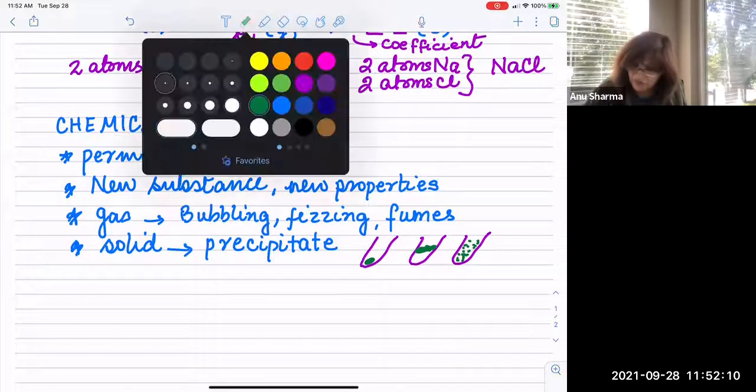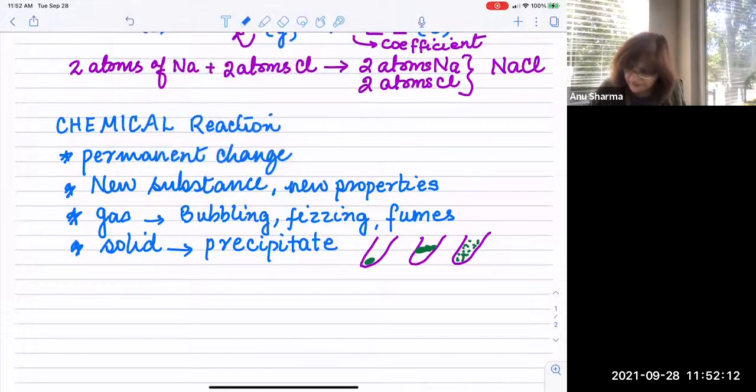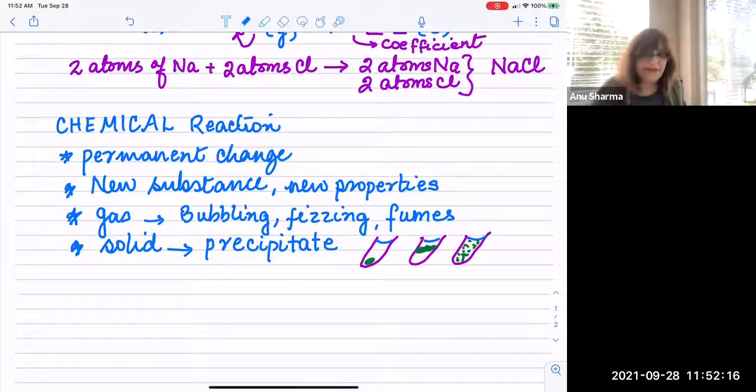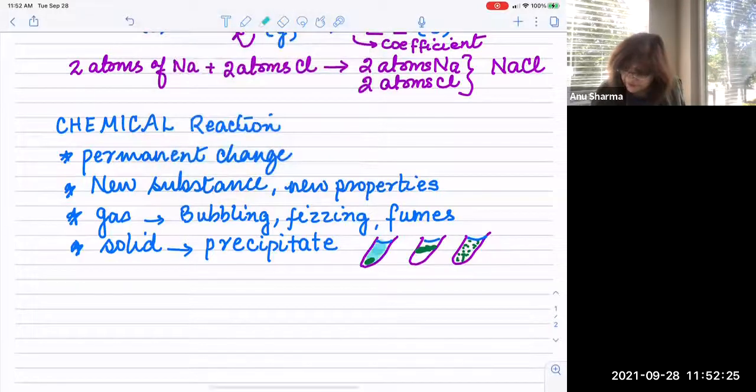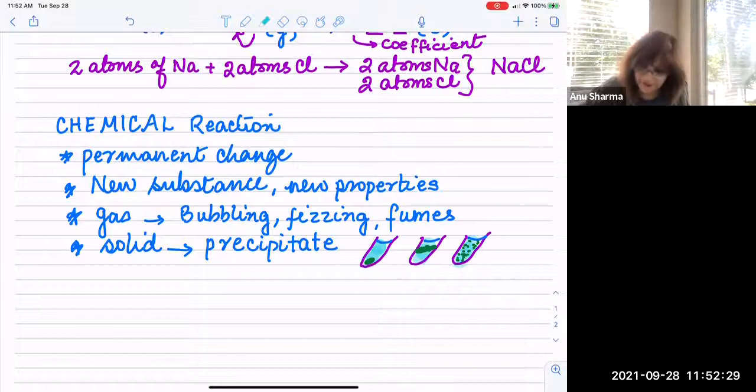So we would see that in the reaction solutions, if the solid is suspended or sitting or floating, all that is considered solid precipitate formation, a new substance.